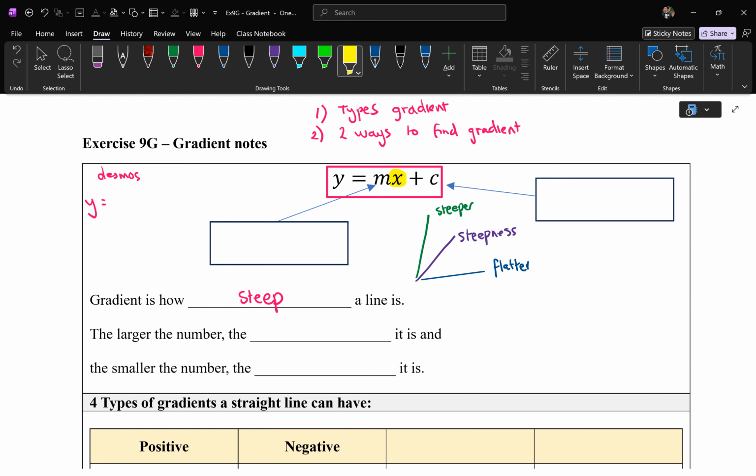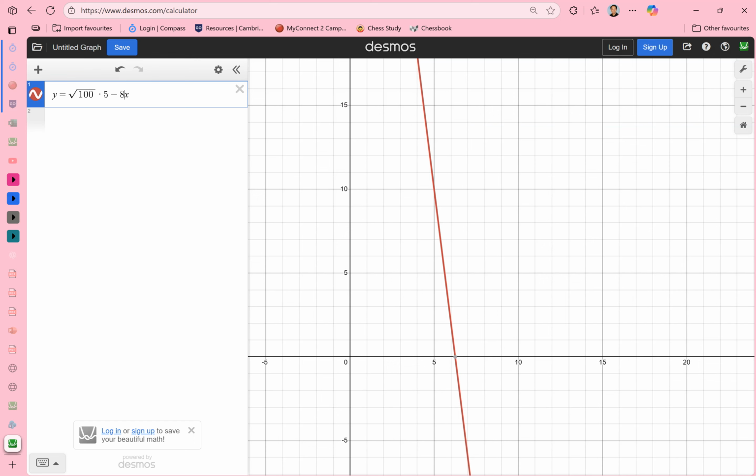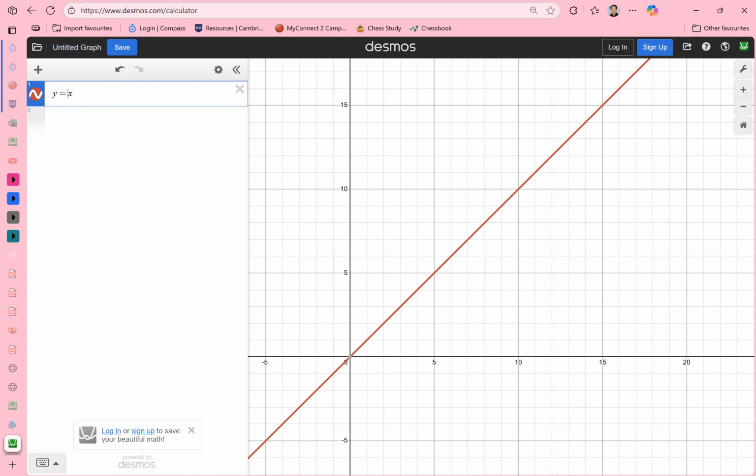I can add a number to it and it's still going to be a straight line. So watch what happens here. I still have x. I don't have a number in front of x right now, but if you don't write the number, what number should be in front of x even if you don't see it? 1, yeah? And that just means 1 times x. So if I put 1x, it's still the same line.